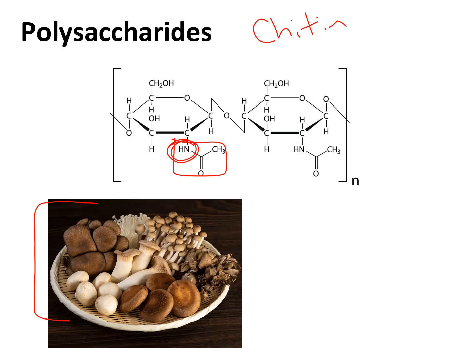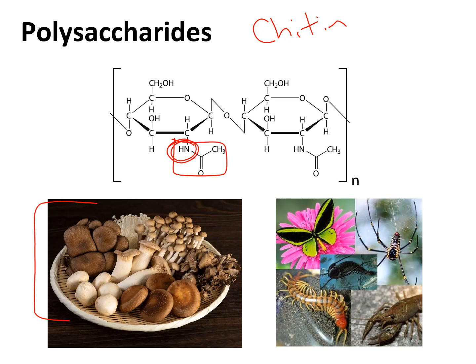So all the mushrooms, their cell walls are composed of chitin. And also, chitin is found in the exoskeletons of insects, spiders, and also lobsters and shrimp. And the interesting thing about chitin is that also, similar to cellulose, we are unable to digest it. So our bodies are not capable of digesting chitin.